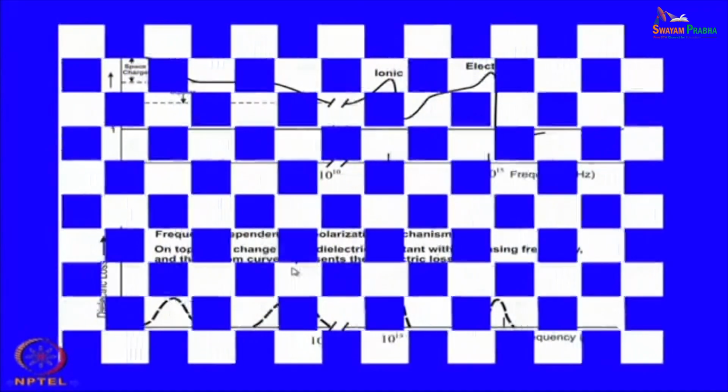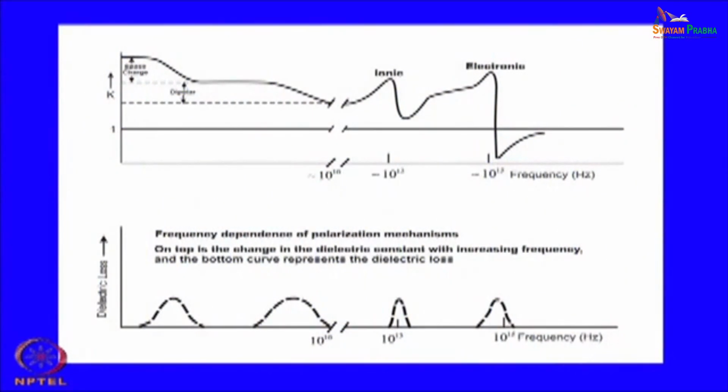In association with this phenomenon, there is another phenomenon that also takes place, which is given in this picture. This is also the same picture, although it has been drawn in a slightly different way. It is not the exact manner in which the other one was drawn, but basically it represents the same thing. You have a space charge polarization, you have dipolar polarization, and then you have ionic polarization and electronic polarization.